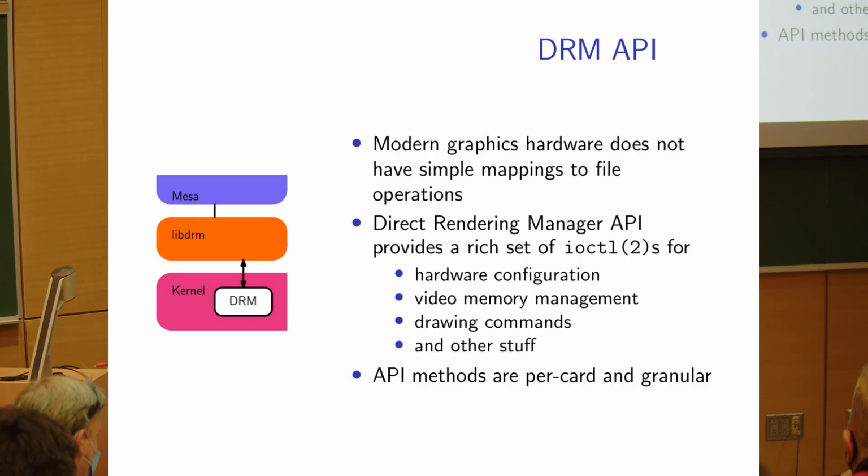And the reason why I wanted to say this is because the DRM API is probably the biggest, most wide-ranging set of IOCTLs in the kernel for any of our kernels, no matter which BSD we're talking about or Linux, because you've got to deal with hardware configuration, video memory management, the drawing commands themselves, and any number of other things like permission handling and passing around buffers.